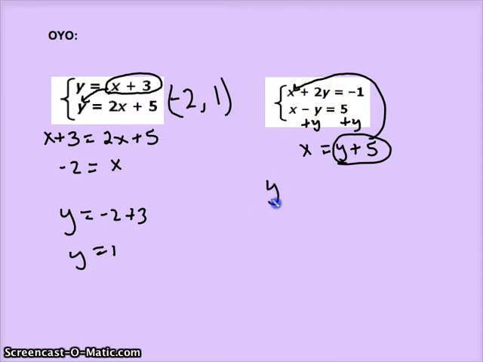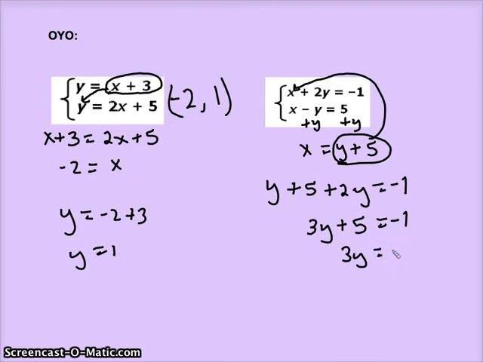Alright, here we go. y plus 5 plus 2y equals negative 1. I simplify. 3y plus 5 equals negative 1. Now 3y equals negative 6, and y equals negative 2.